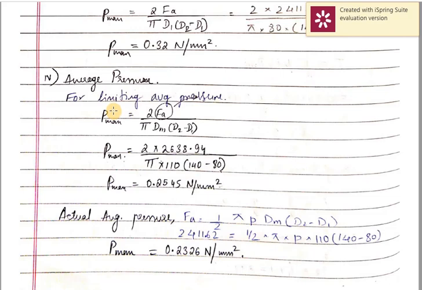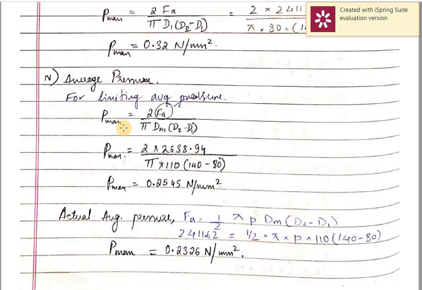So here you have to write it as mean pressure, not maximum pressure. Mean pressure is equal to 2 into Fa by pi. Instead of d1 you have to write d mean, because we are finding mean pressure. So when you want to find mean pressure, instead of smaller diameter you have to use mean diameter.